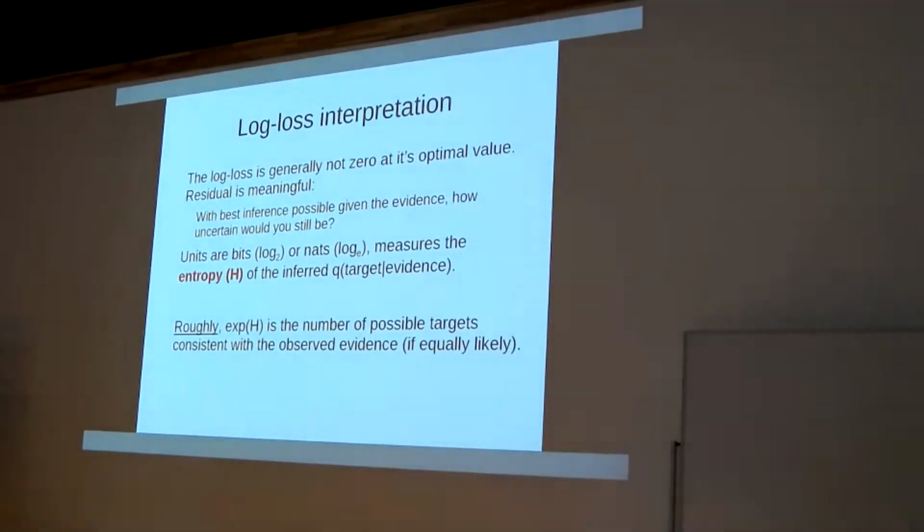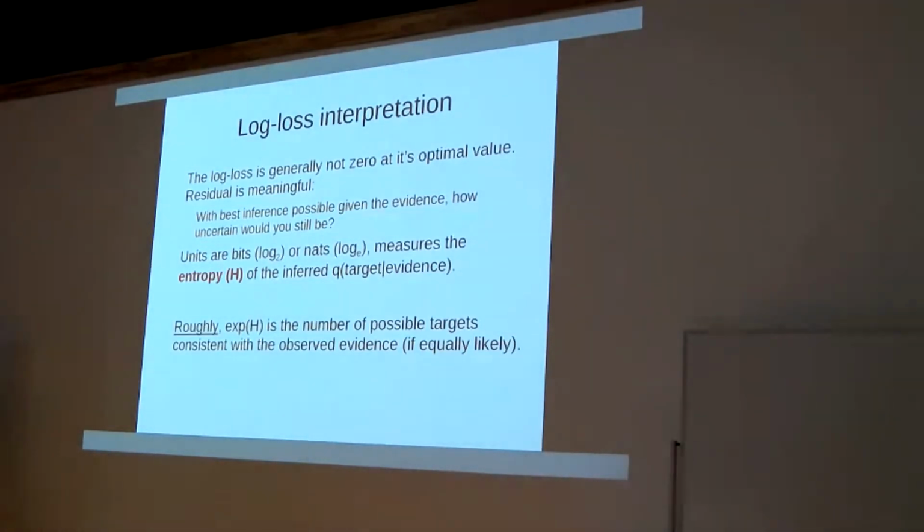So if I say that, conditioned on all of this evidence, I've got a log loss of 0.1 on predicting whether or not this disease will occur, that's counting the number of possibilities left, even after everything I know, that I just can't decide yet. I have to actually look at the world and see what happened. That residual entropy could be far, far less than if I didn't have that evidence.